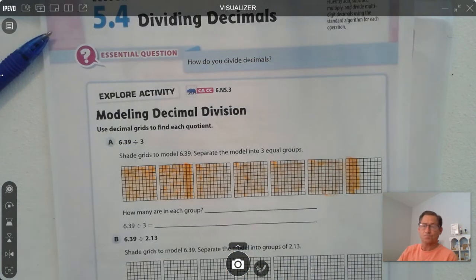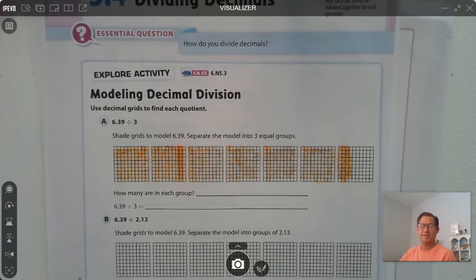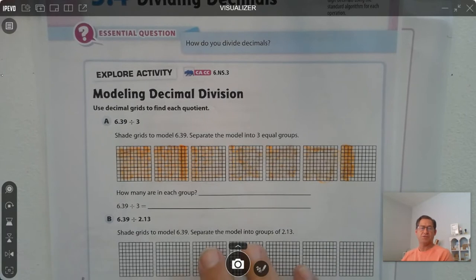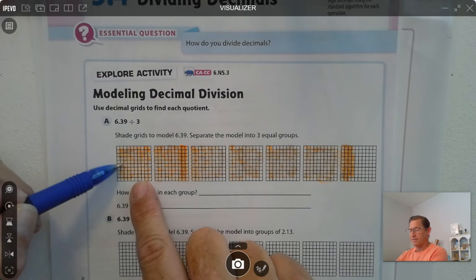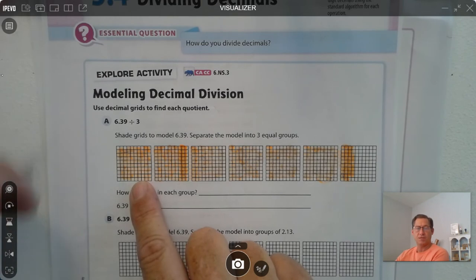All right. So we have 639 squares shaded. For every one whole, it would be 100 out of 100.